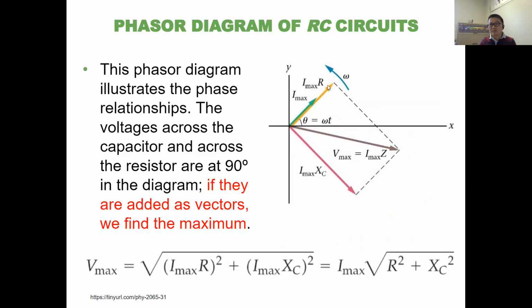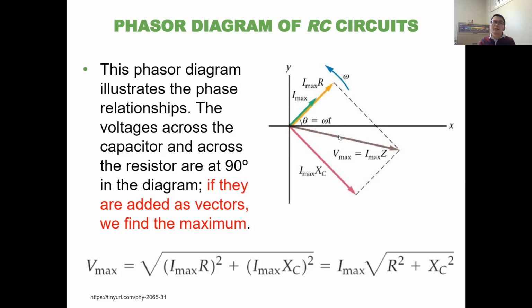So this is the current phasor for the whole circuit, and the green one, the voltage phasor on the resistor, will be this one because voltage is equal to current times R. The voltage phasor for the capacitor will be this one. Then the overall voltage phasor for the whole circuit will be this vector plus this vector. So it's this one. From the vector addition, graphically, you can see that. You move this one parallel over, and then the resultant will be this one.